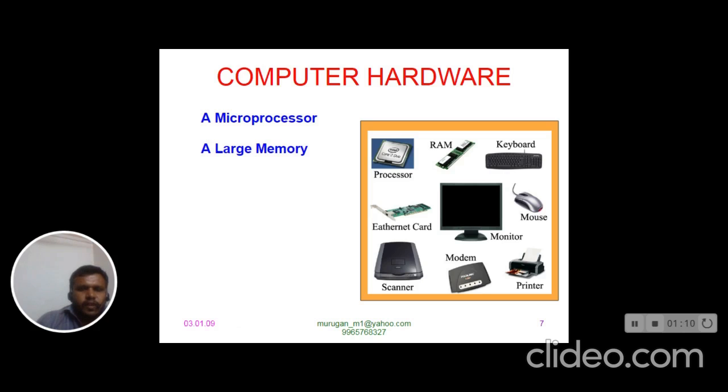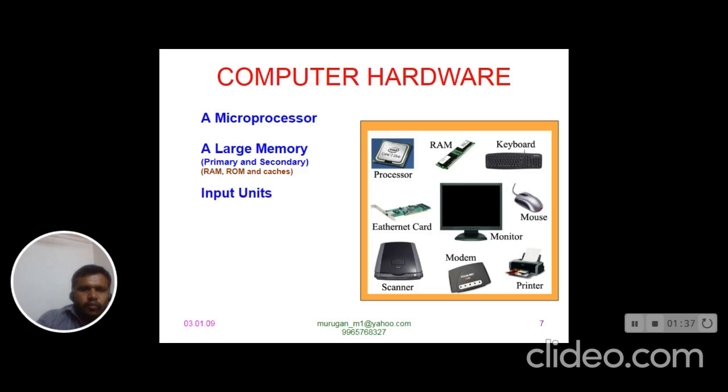And a large memory. In general, computers and laptops have a large memory in terms of gigabytes. That large memory has two types, that is primary memory and secondary memory. The RAM and ROM come under the category of this large memory, and also in case of internet we consider cache memories.